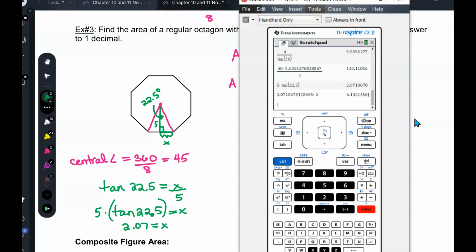Well, x was the 2.07. But why did I multiply that by 2? Let's get the whole side. If this is 2.07, I multiply that by 2, which would be 4.14, so all the way across.